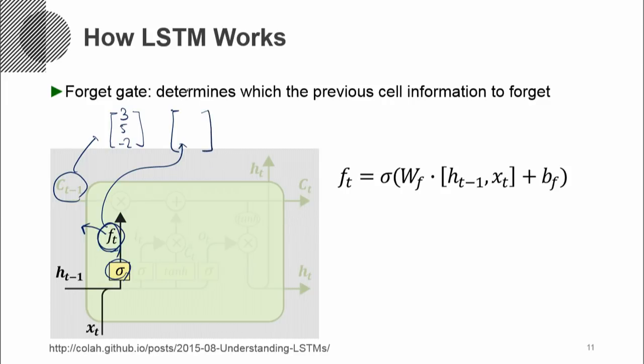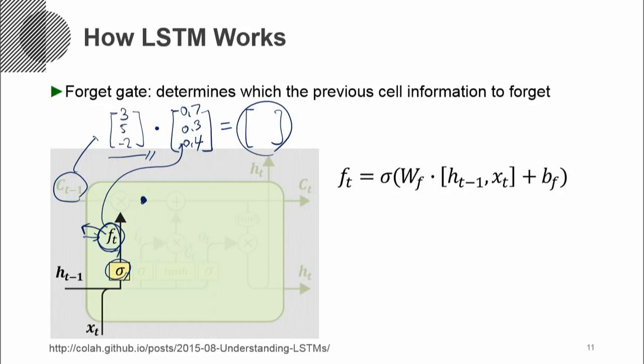Let's suppose we generated this forget gate vector as 0.7, 0.3 and 0.4, and then this vector is multiplied with the previous cell state vector in an element-wise manner to generate the resulting vector, and that resulting vector is the output at this point.